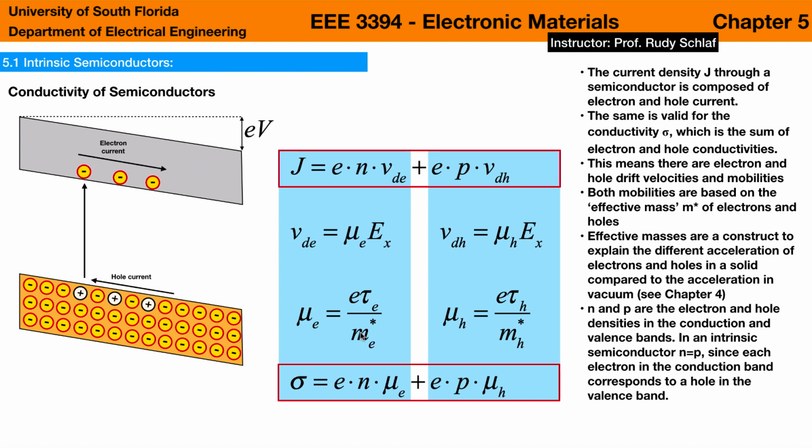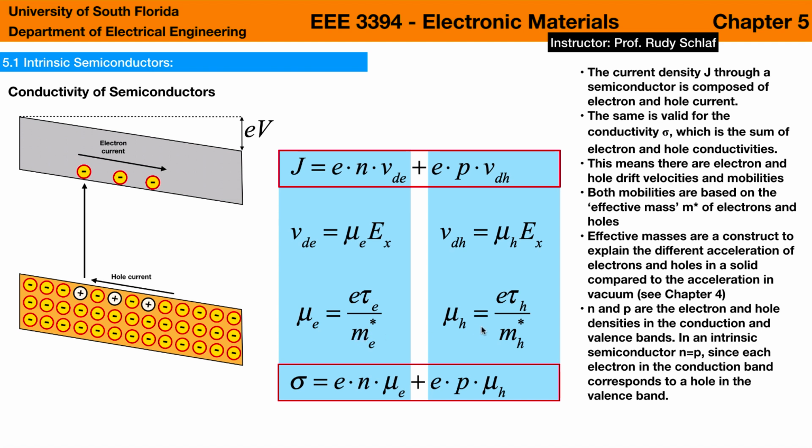If you recall from chapter 4, the effective mass simply takes into account all the effects of the crystal on the mobility of the electrons. And that's an easy way to account for this, because we simply get a factor here that changes the mass.